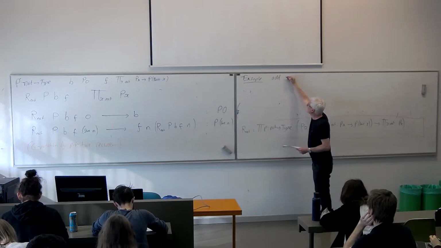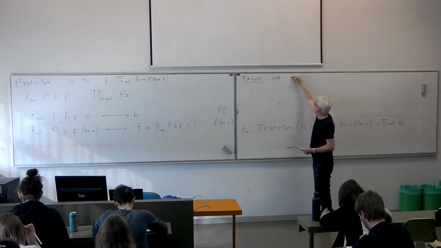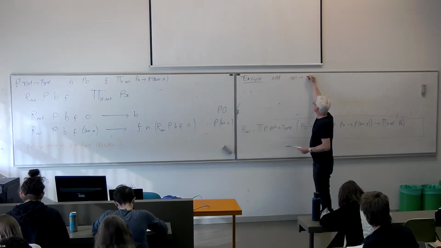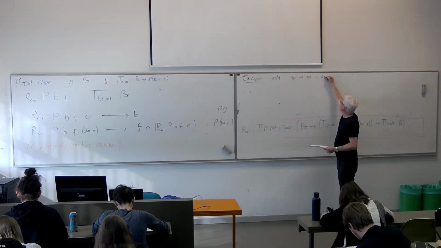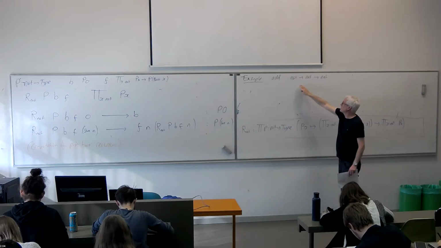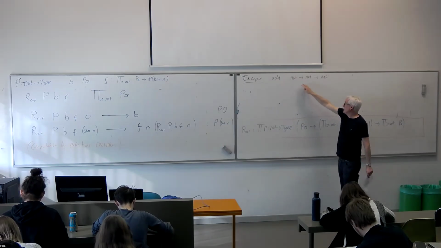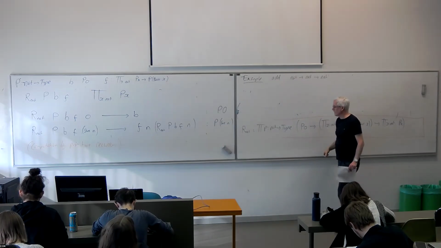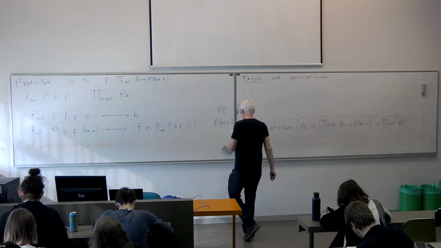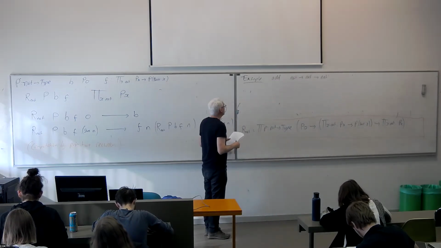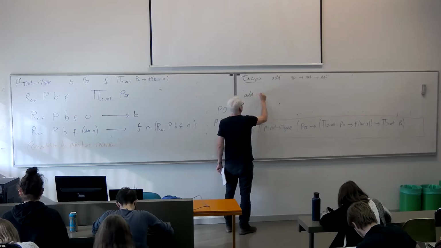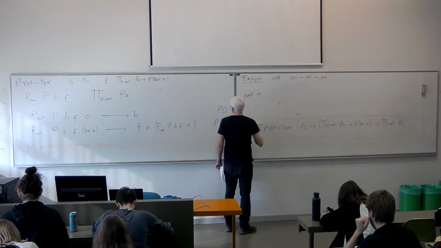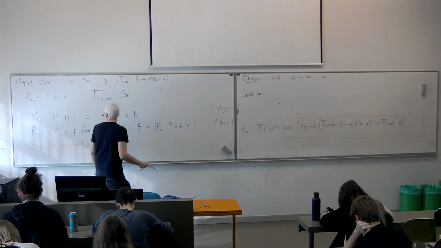So addition, we want to define a function add, which is going to be curried. So we're going to give the arguments one at a time, but it's a two-argument function. We want to give it m and n, and we want it to be the sum of m and n. Okay, so I want to define add using the recursor.